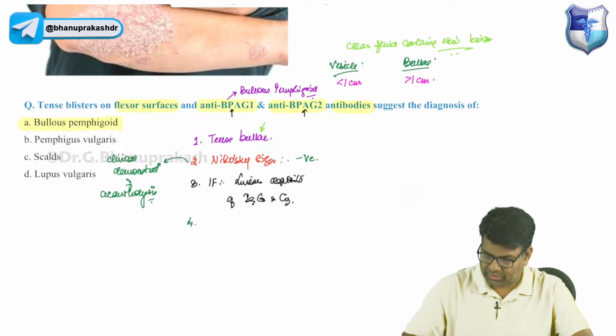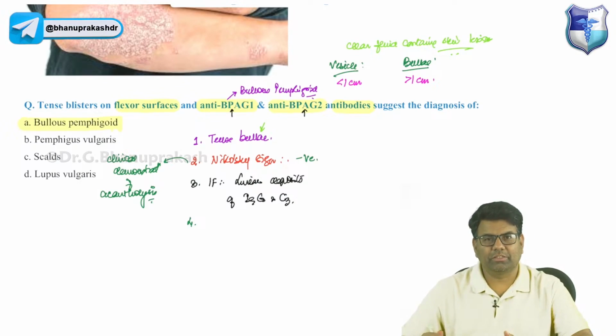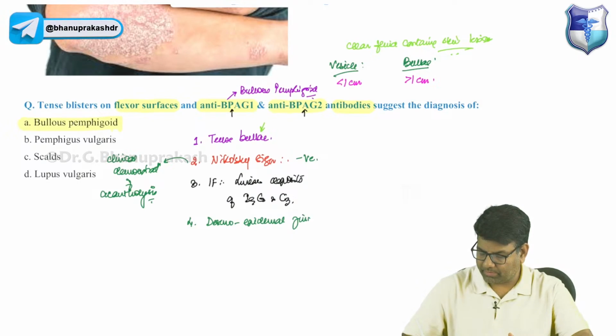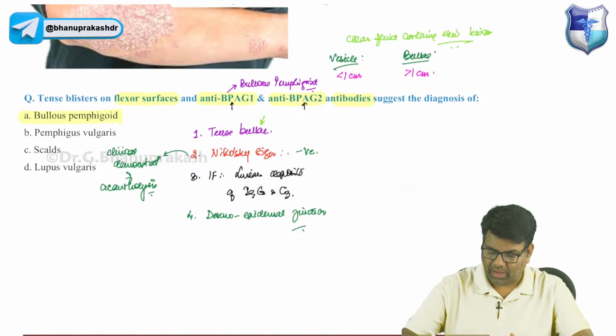Since it is a blistering disease, what is the level of blister formation? It is the dermo-epidermal junction, at the junction of dermis and epidermis.